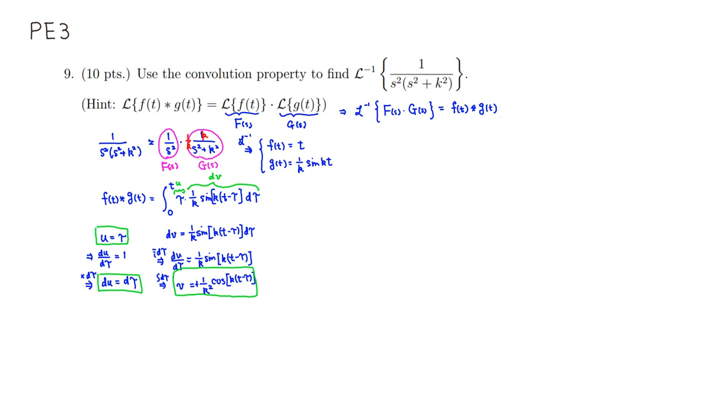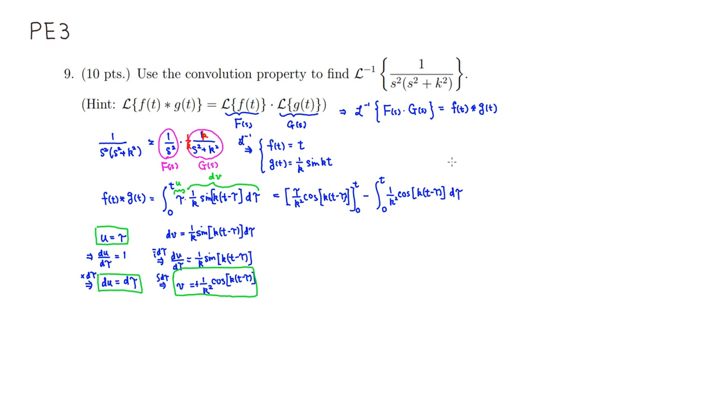Let's compute this. uv gives us tau over k squared cosine of k times t minus tau, evaluated from 0 to t, minus the integral from 0 to t of 1 over k squared cosine of k times t minus tau with respect to tau.